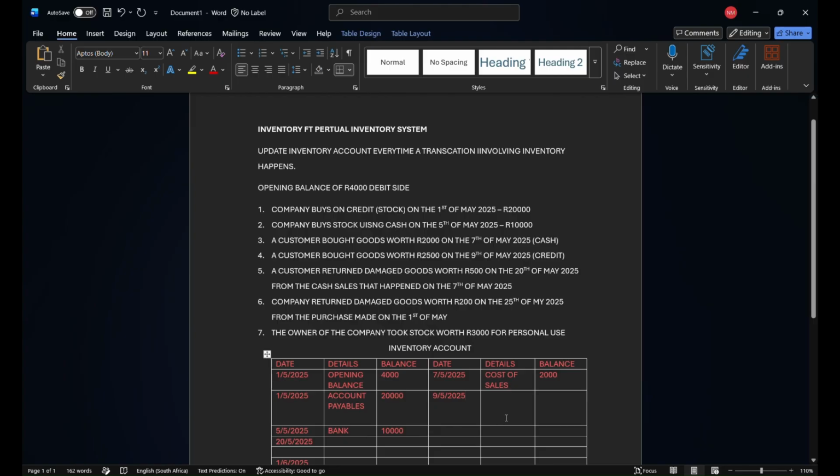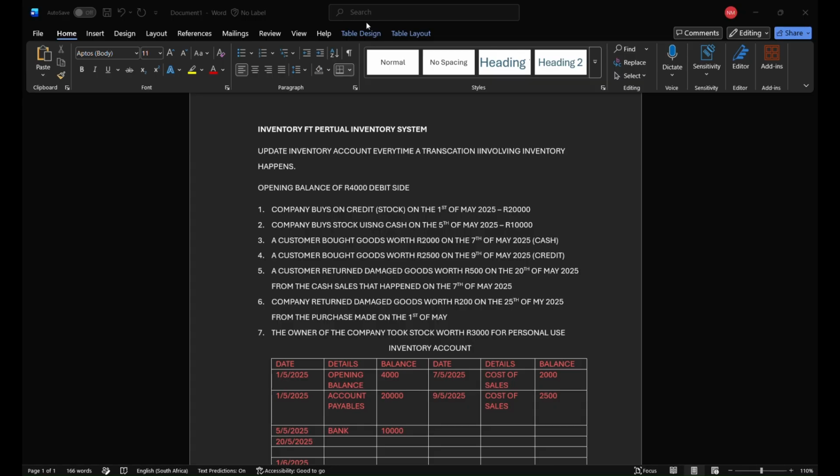The details are also going to be cost of sales, and then your balance is going to be 2,500 rand. You're going to show that this was a credit transaction under the account receivables. You're going to see that when we do the account receivables accounts.